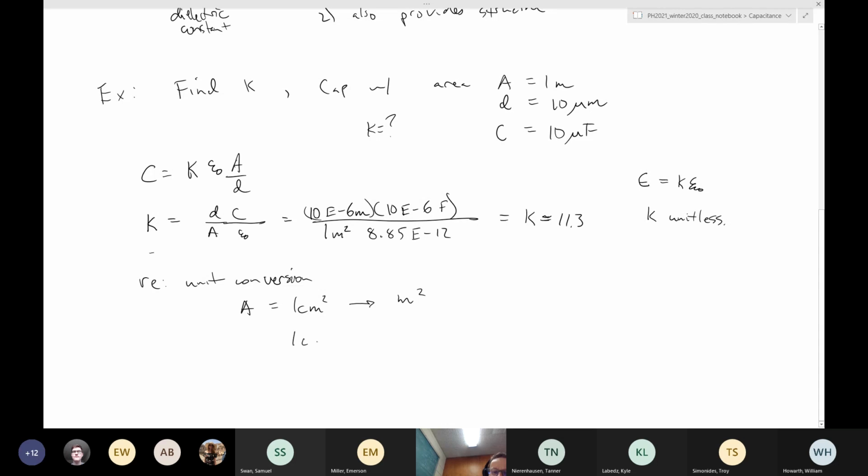So in other words, you know that there's 100 centimeters per meter. But in order to get this to work out, you'd have to square that factor. So 1 divided by 100 squared, you would have 1/10,000th of a meter squared.